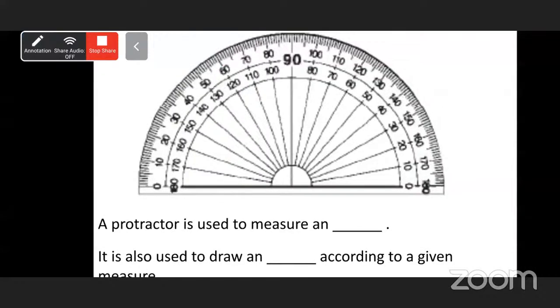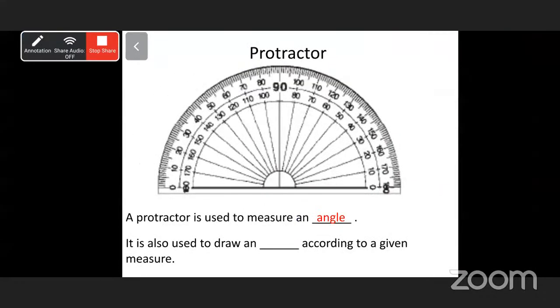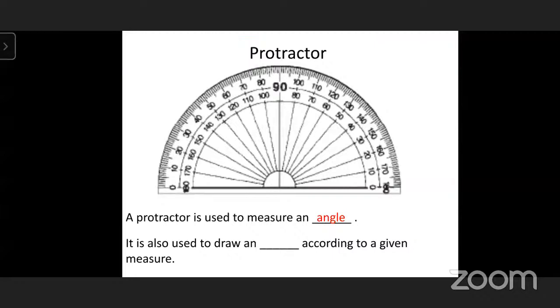It is used to measure the angle. And it is also used to draw an angle. If I give you a measurement like 60 degrees, according to that you can draw the angle.